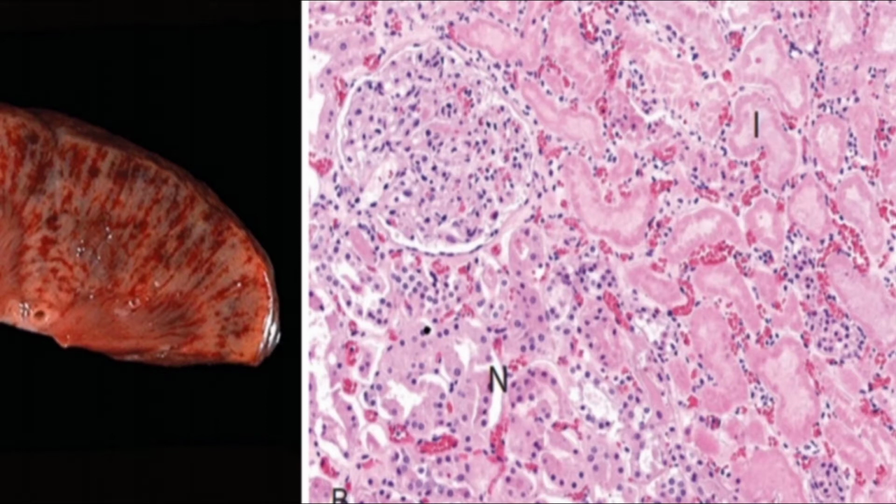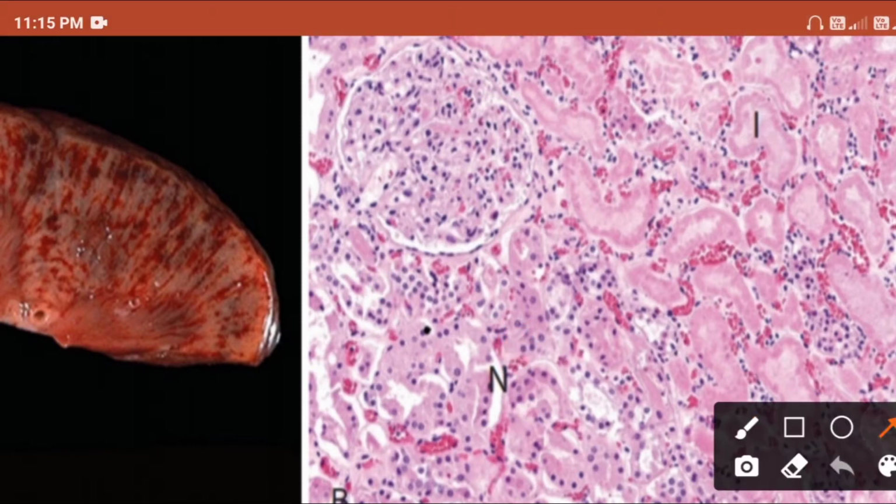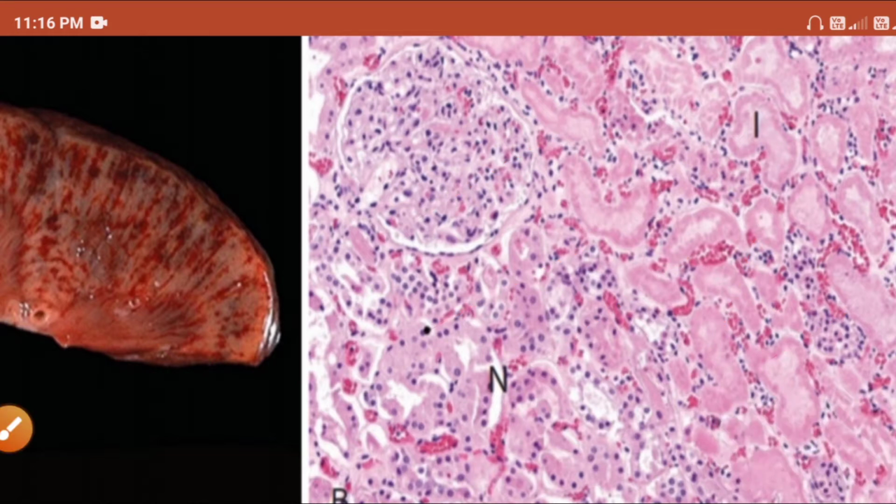Now guys, if you observe carefully, on the left side the nucleus is present, but in this particular diagram you can see that the nucleus is absent. Follow this arrow. Here the nucleus is not seen in the tubule, right? You cannot see the nucleus.